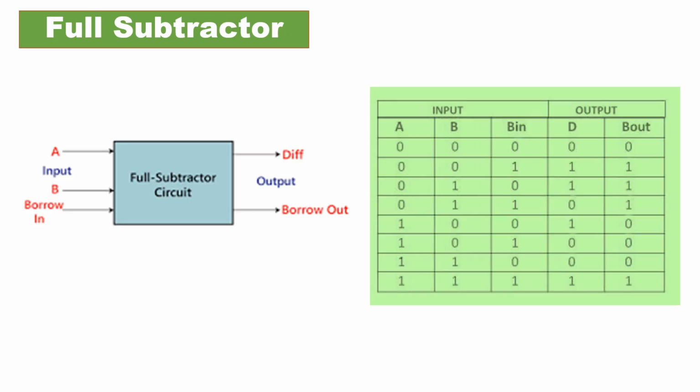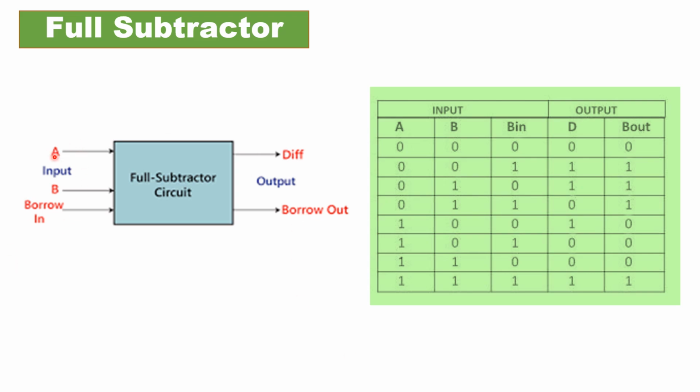A full subtractor is a combinational logic circuit used to perform the subtraction of 3 bits: 2 input bits, minuend and subtrahend, and a borrow bit from the previous stage. It produces two outputs, the difference and the borrow out.